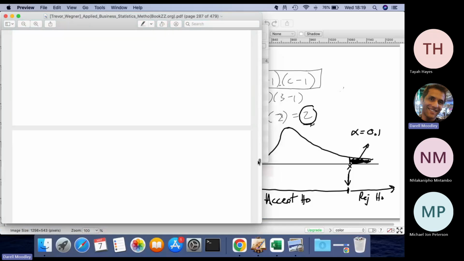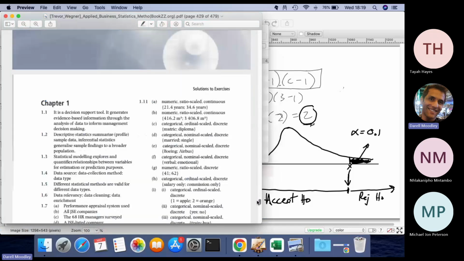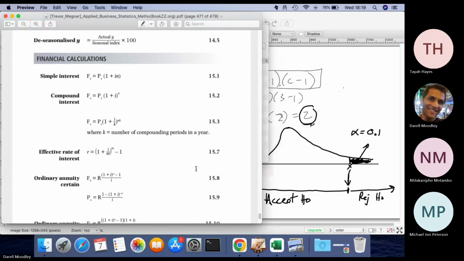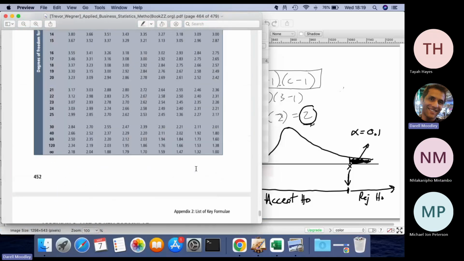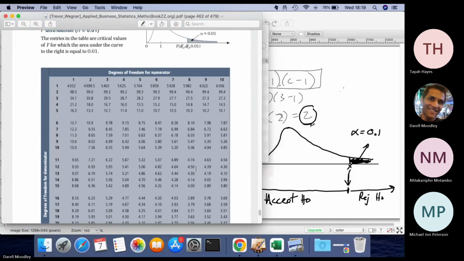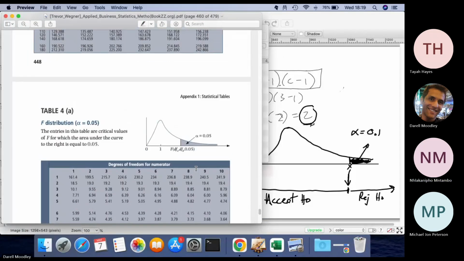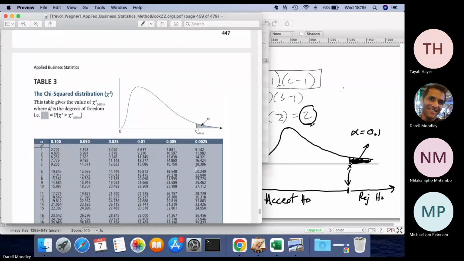It's found right in the back of your textbook, but you'll be given this table as part of your formula sheet. Okay, so here we go.